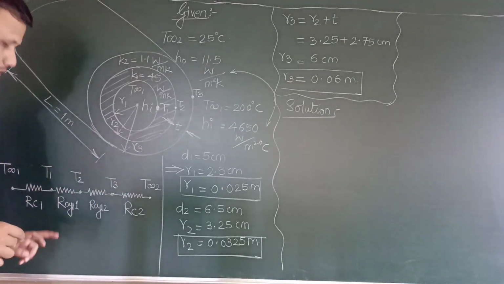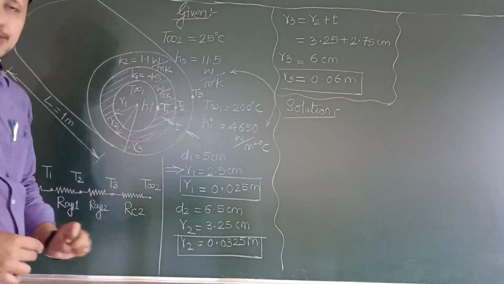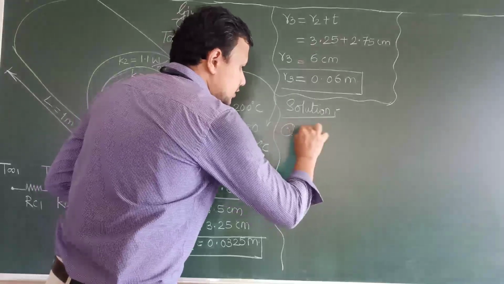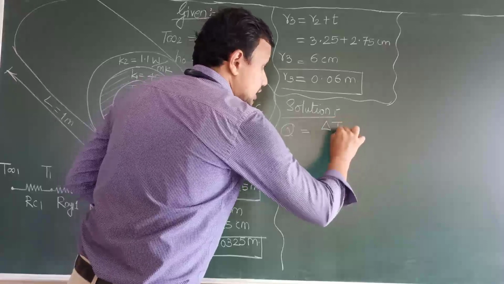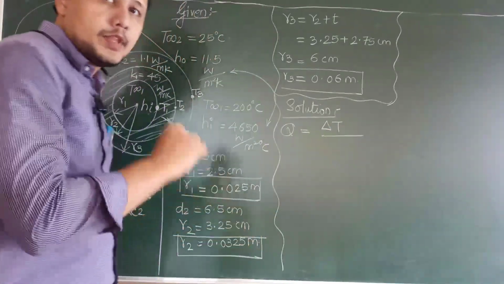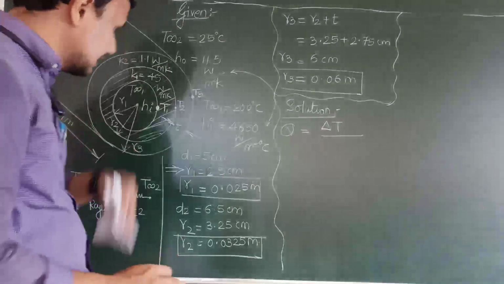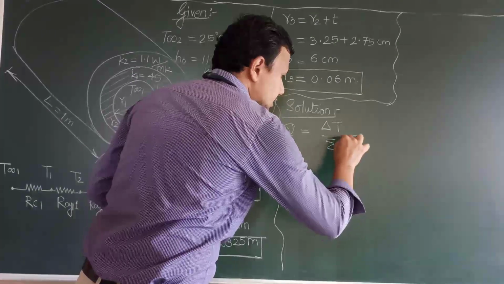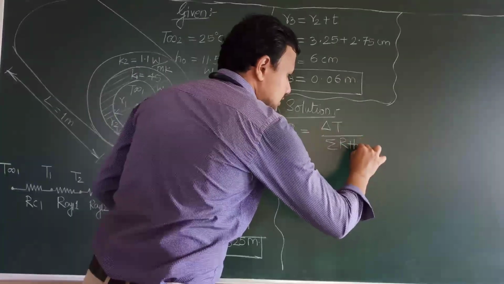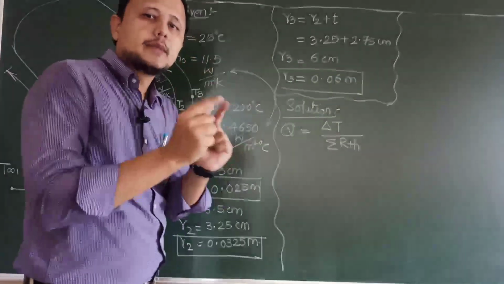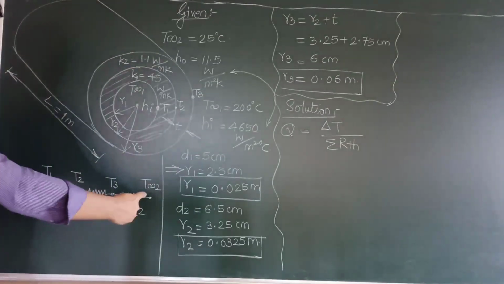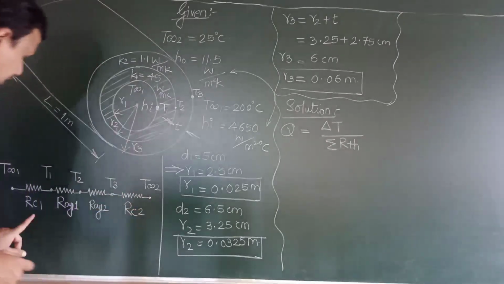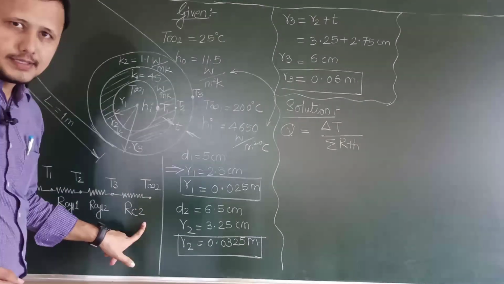Now our job is to determine the individual thermal resistances. Why? Because we know that if we want heat transfer, we can simply write it in the most basic form. It is simply delta T divided by the summation of all thermal resistances coming in that particular path. If I consider the path between T infinity 1 and T infinity 2, then I need to consider all the resistances.